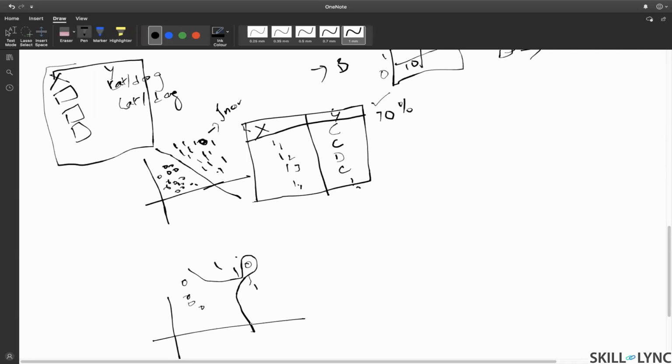Exactly. So what happens while doing this? This is important. We have tried to increase the accuracy for the training data set, and the algorithm which we have used with this will have different characteristics.